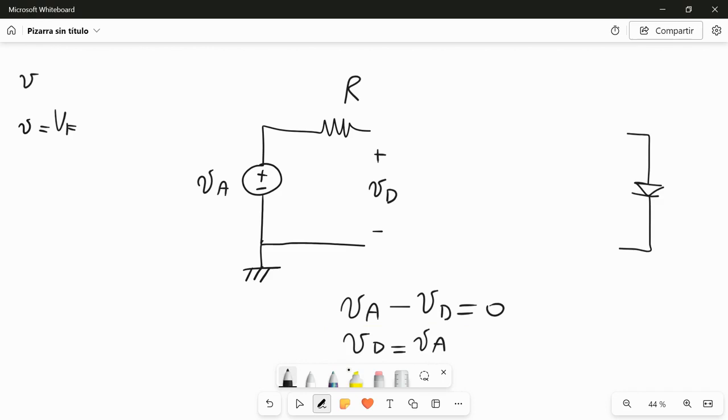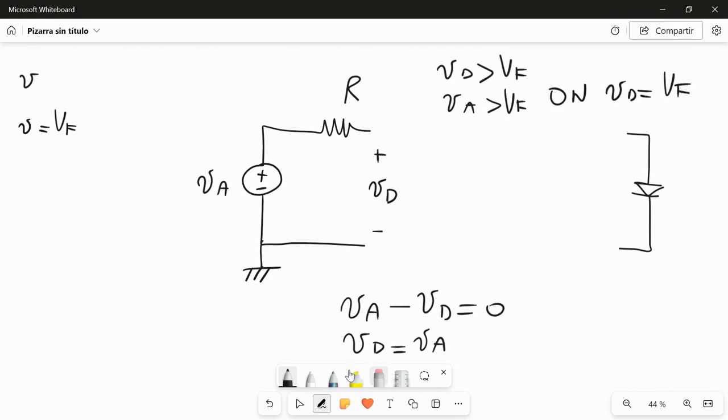Okay, so now we can say that if VD is more than VF, which in this case is the same as VA being more than VF, our diode is on. And the VD is a fixed voltage VF.